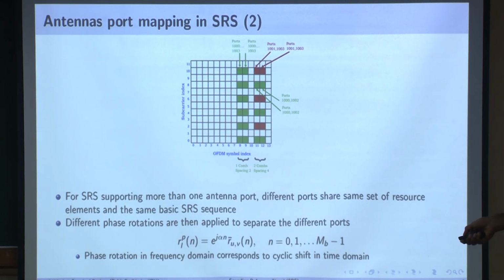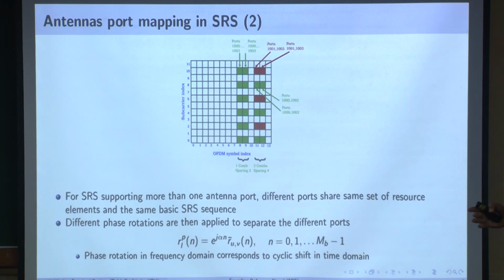This is basic DSP. And why am I suddenly bringing the time domain here? I'll explain it to you. You generate one sequence, then you do the phase rotation of it, and this phase rotation corresponds to a cyclic shift in the time domain.